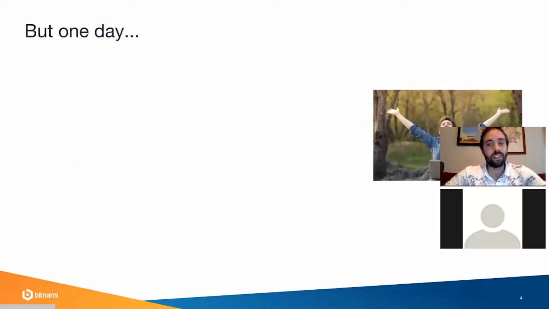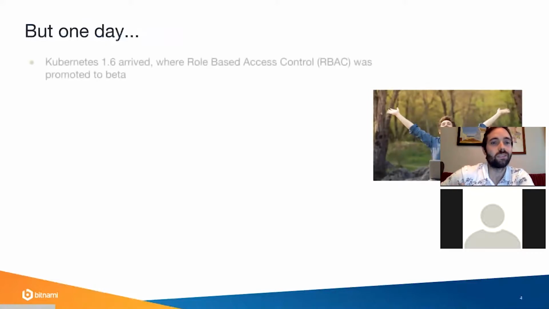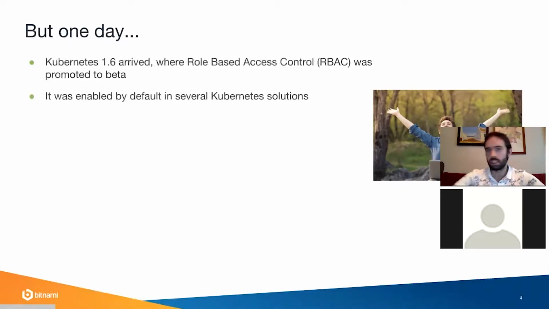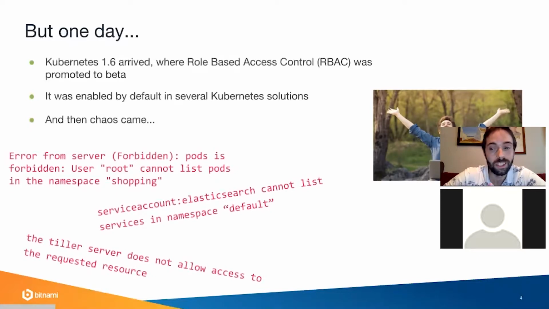But then one day, with version 1.6, if I recall correctly, the role-based access control authorizer was promoted to beta. That was a big change because in several Kubernetes solutions like kubeadm, for example, it was enabled by default. And because of that, suddenly all those easy examples around the internet, even official ones, when you tried to deploy them, started showing errors like service accounts forbidden, a user cannot do this or that.